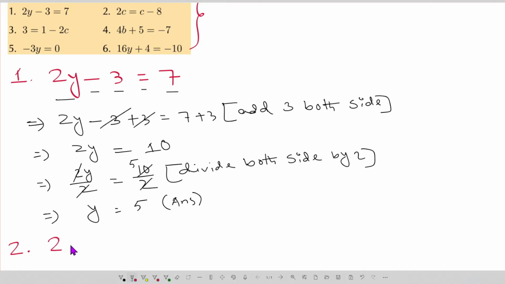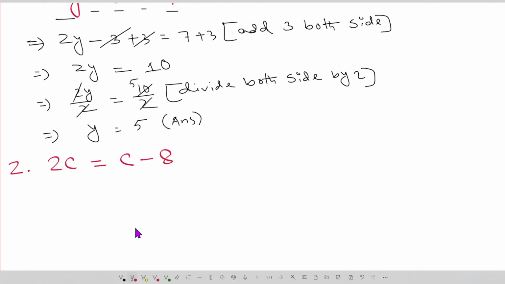Here is 2c equals c minus 8. Here the variable is c and the exponent is also 1. So in this case, on the right side here is c and on the left side 2c, but we have to find out the value of c. So we can write 2c minus c equals c minus 8.